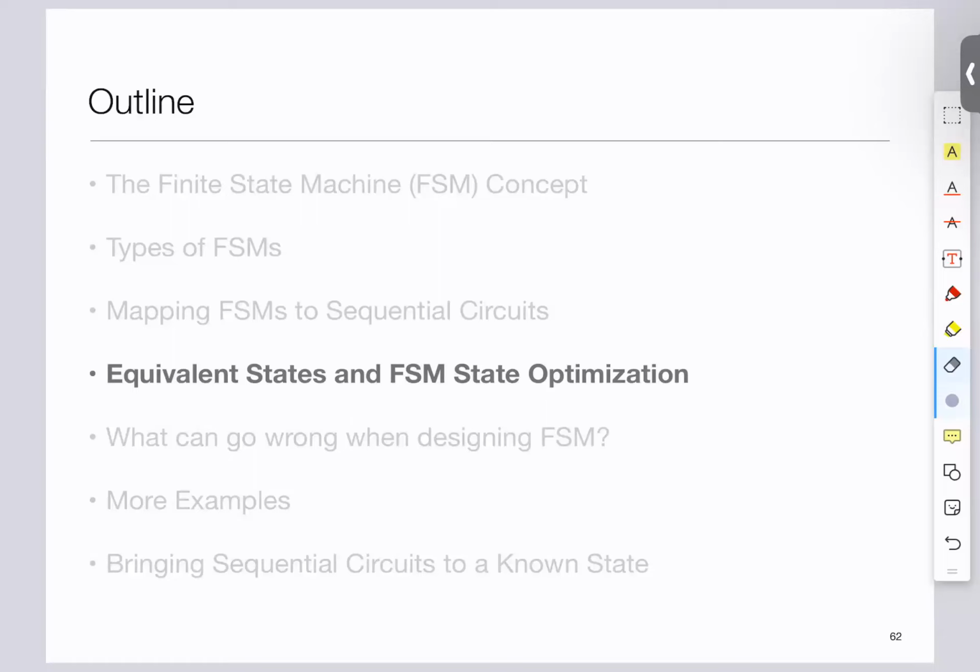At that point, drawing the diagram is the easier thing. And what do I output at different states? So the state diagram is the way to go. Then after that, depending upon your state encoding strategy, one hot versus binary encoding, you follow a mechanistic process to get down to the solution.